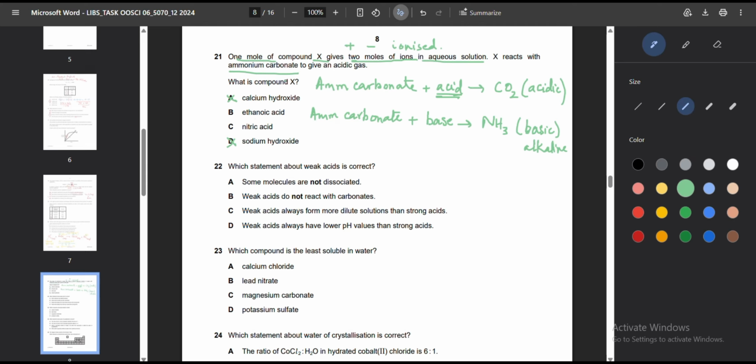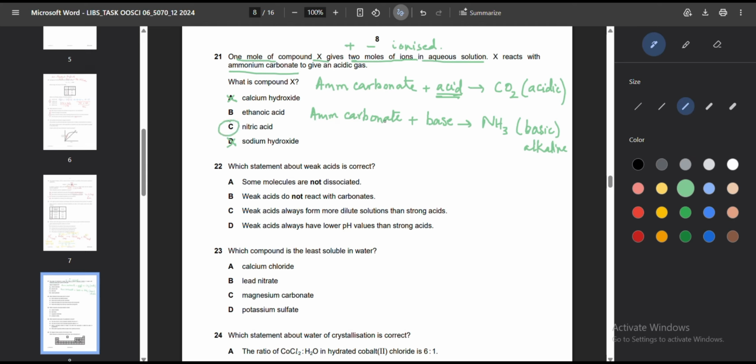Now since it's written that it ionizes completely into positive ions and negative ions, any acid that ionizes completely should be a strong acid. And out of ethanoic acid and nitric acid, nitric acid is a strong acid.